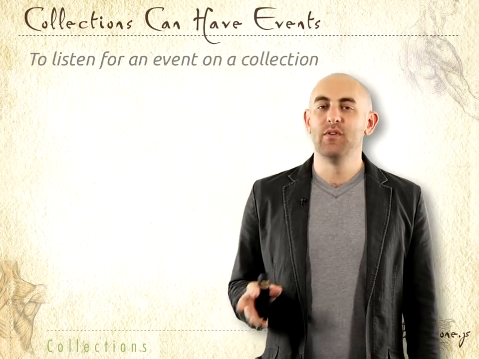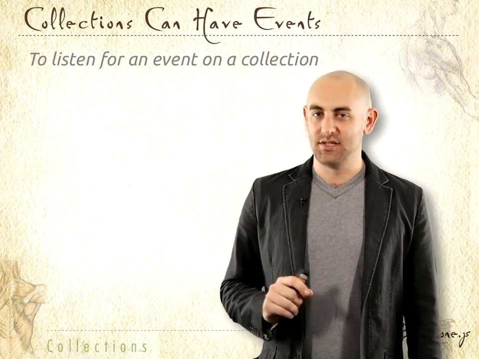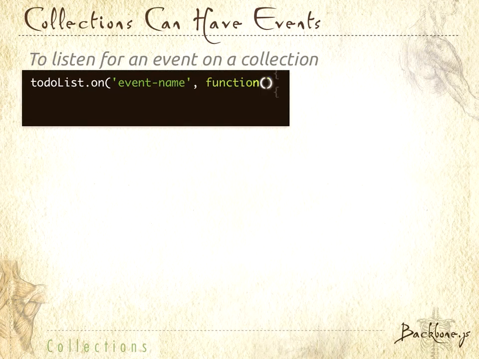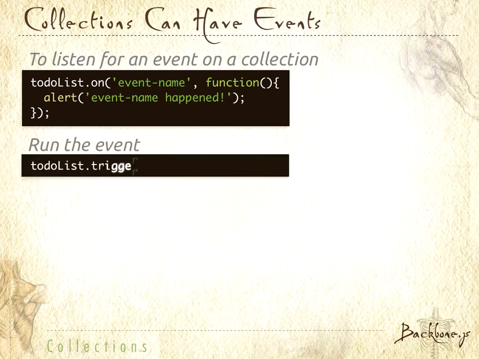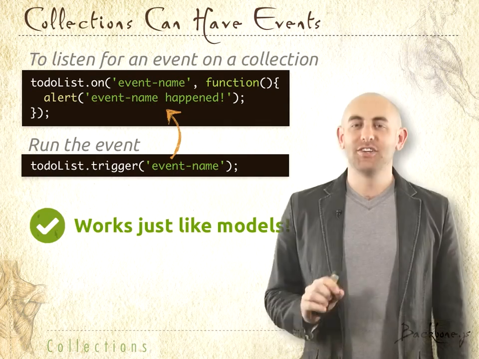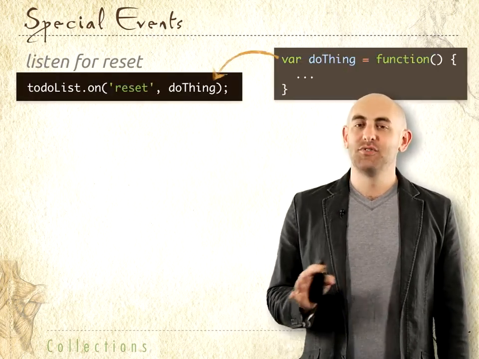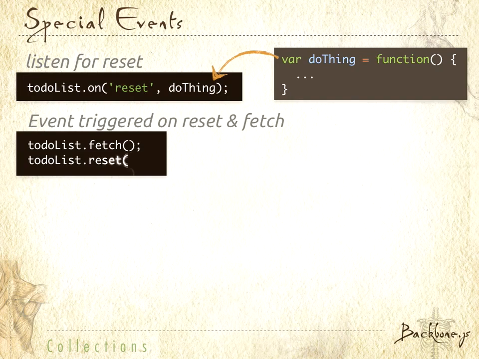Just like we can listen to events on a model, we can also listen to events on our collection instance. Here we're listening to the event name, event, and whenever that event is triggered, we're calling an alert, just like in our models. Collections in Backbone also have special events just like models. For instance, we can listen to the reset event on our collection, and that is triggered whenever fetch or reset is called.